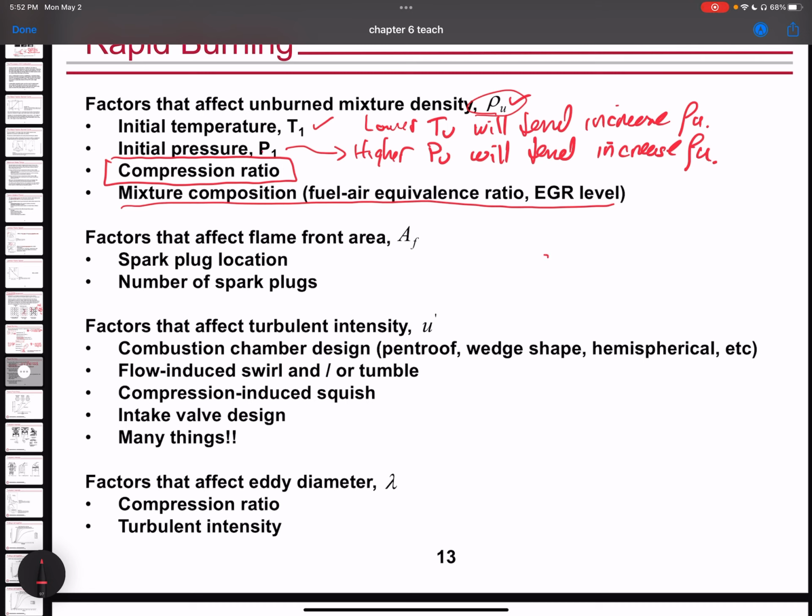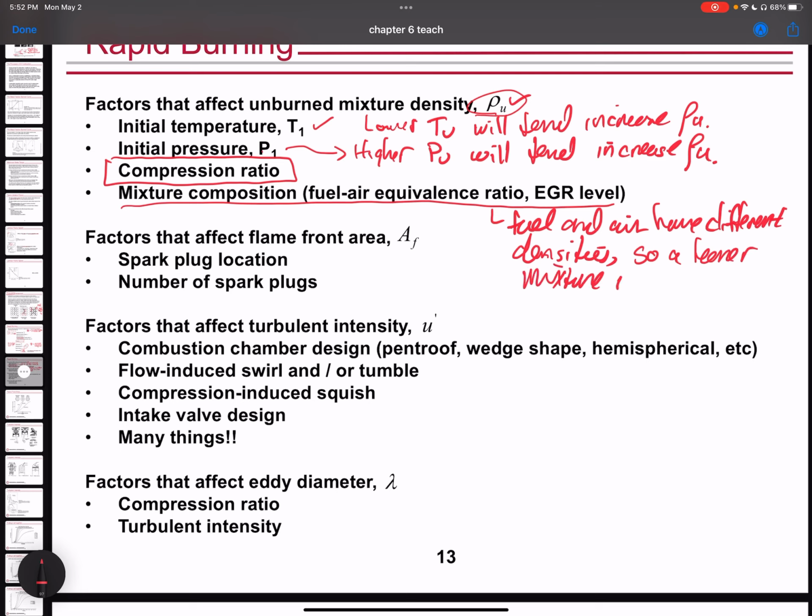And then finally, your mixture composition also has an effect where as you change your fuel air equivalence ratio, right, your fuel and air have different densities. Right, so a leaner mixture will have a different density than a stoichiometric mixture.